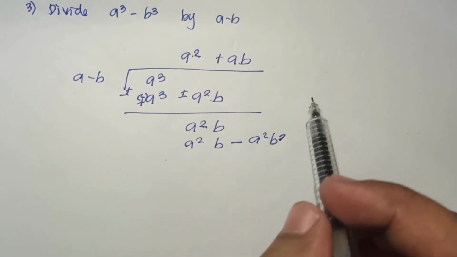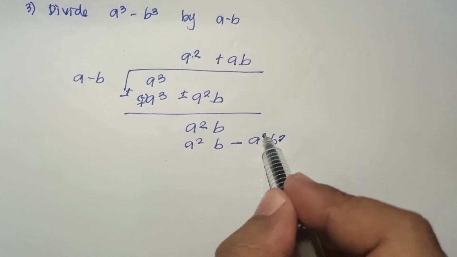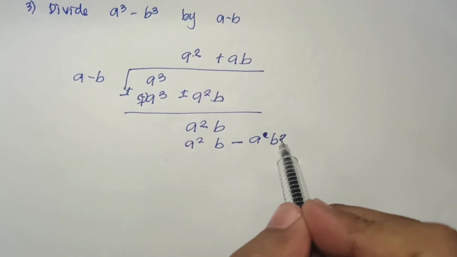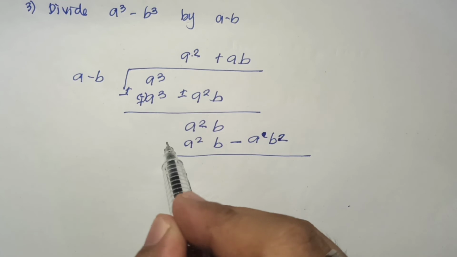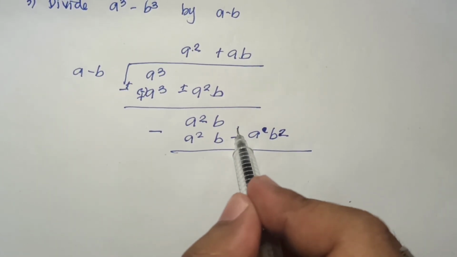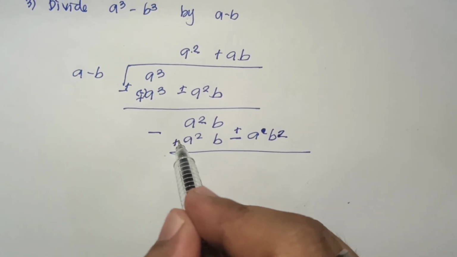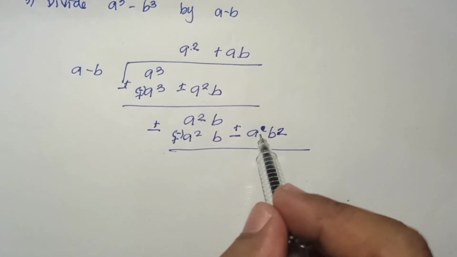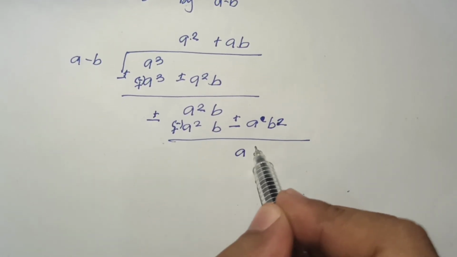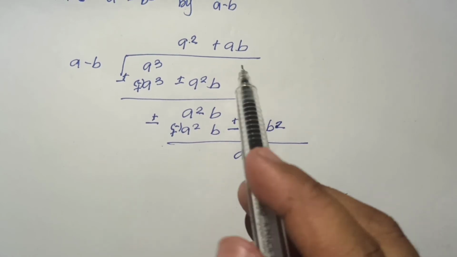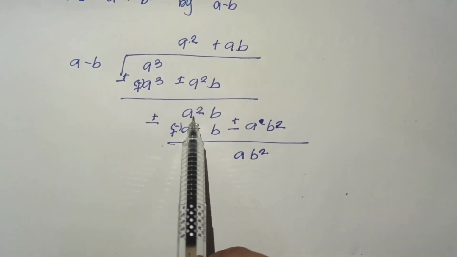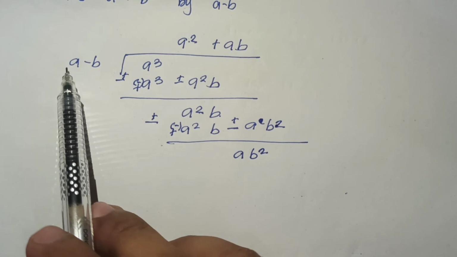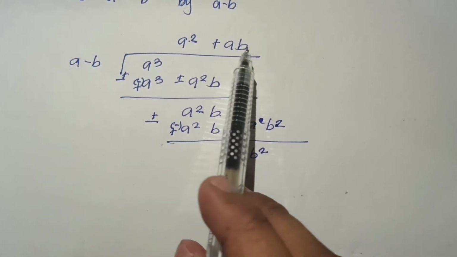A times b squared. Okay. So minus, this is plus, and this is plus, minus became plus. So this would become a b squared. Again, from here, a squared b divided by a, the result is ab.